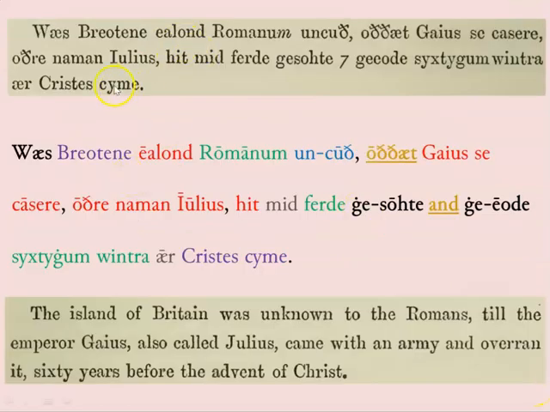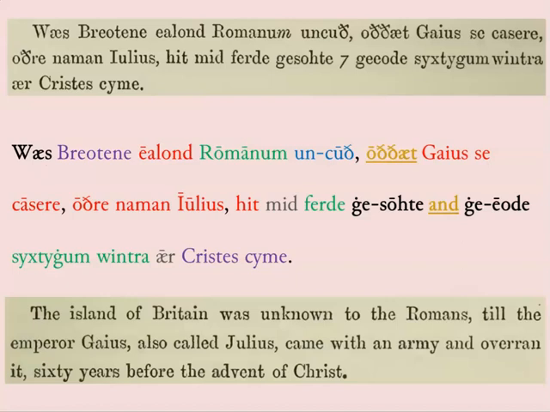Okay, here's another one. I like this one. "Was beretene eolondo romanum uncus." I like this. So this is elsewhere, page 36 or something in that text I was referring to earlier. And notice here, if you color code these, you've got the verb right at the beginning. And verbs come at the beginning for commands or for statements.